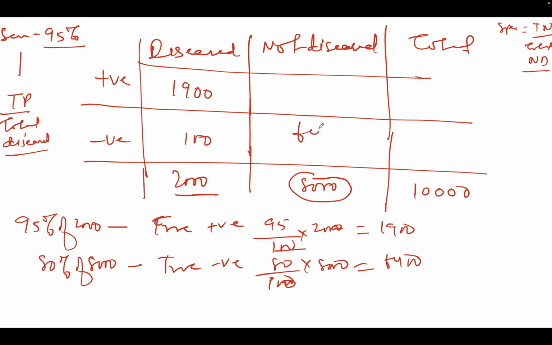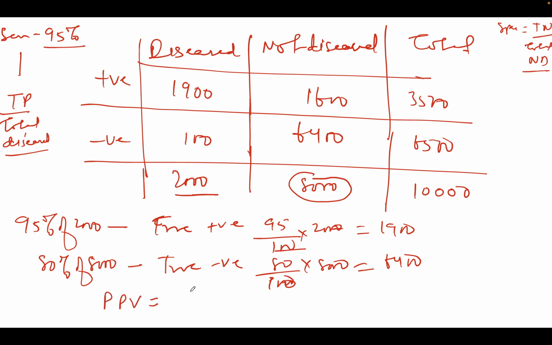So I put my value here, 6,400. The moment I put 6,400 here, this becomes 1,600, and now you can add, this becomes 3,500. This is my 6,500, and the addition also makes 10,000. So this is my 2 by 2 table.